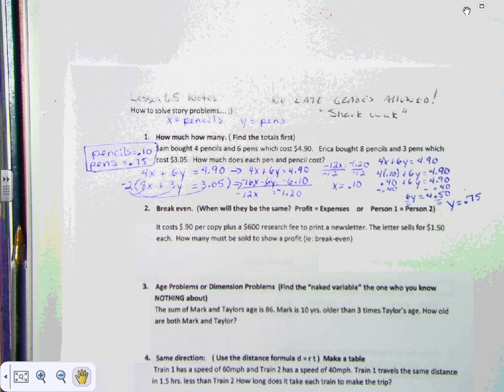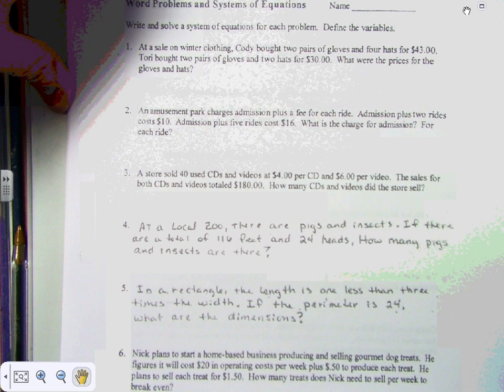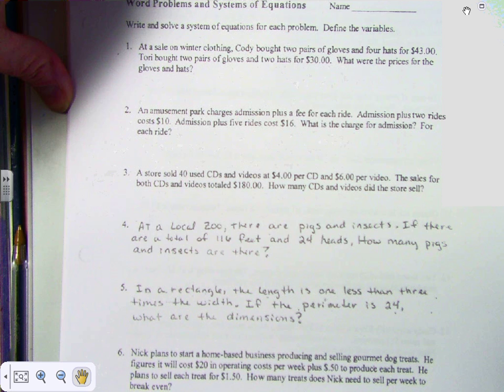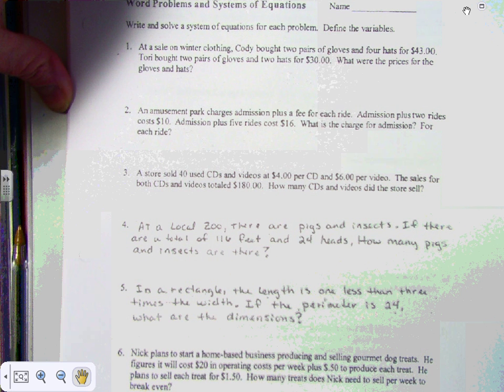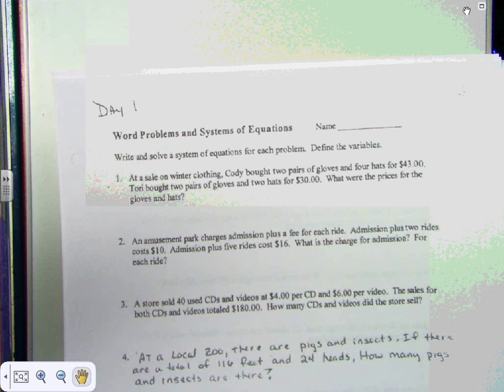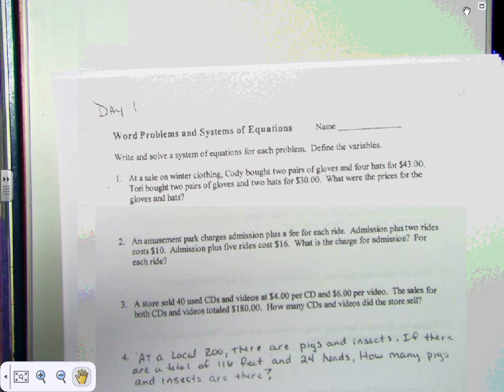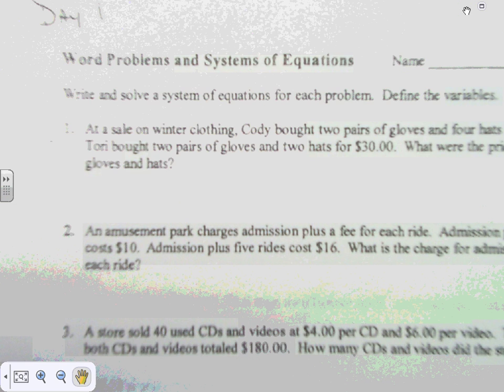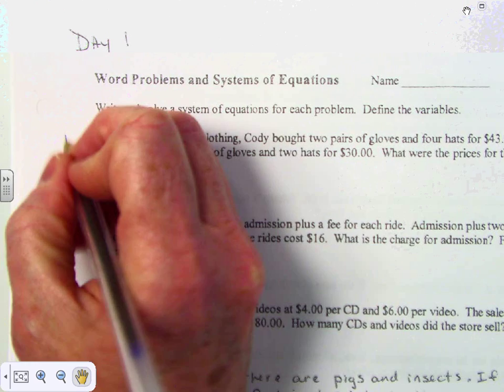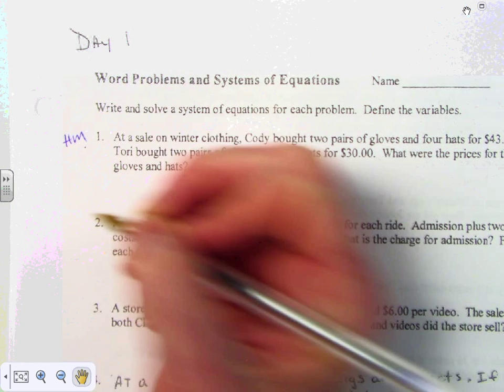All right. Now, here's the worksheet that is your assignment. You are only going to do how many story problems on this. Don't cross the others off. We're going to get to those. So let's see if we can find the how many story problems. Number 1, okay. How much?